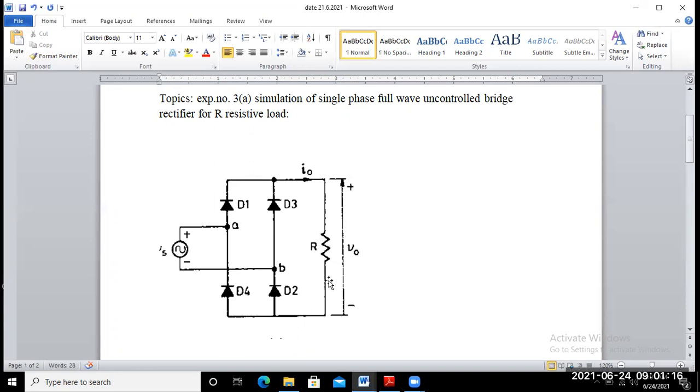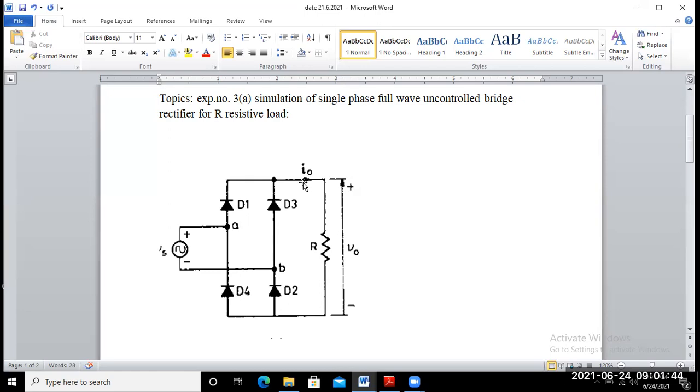The load consists of only the resistive part. Okay. And the output current is represented by I0. So these are the nomenclature of the circuit diagram: numbering of diodes from 1 to 4, resistance, output voltage and output current, which is the output current of the rectifier.